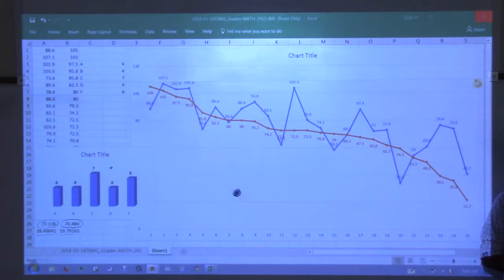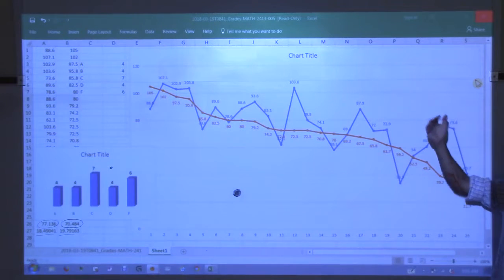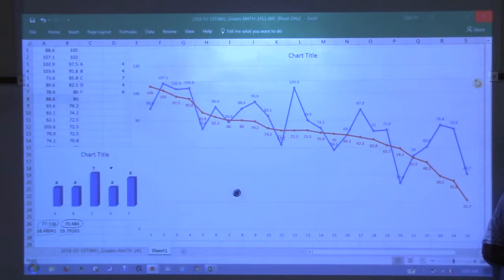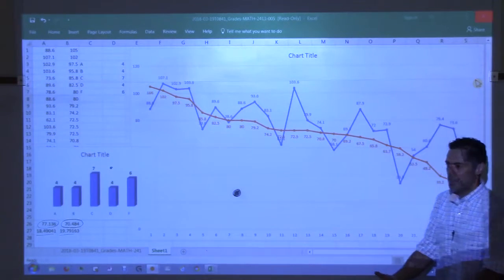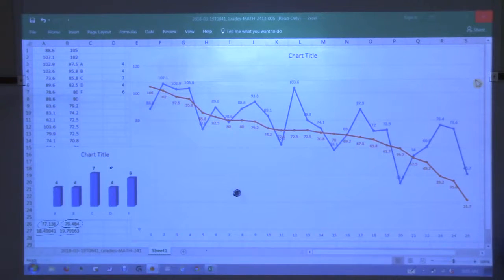You know what I'm saying, right? So if you're hovering in the C range, it's nothing to feel terrible about. Of course everyone wants to be on the high end, but you can't always have everyone over there. I wouldn't mind giving everyone hundreds. The material's the material. If everyone did exceptionally well on it, then everyone would get A's, whatever.